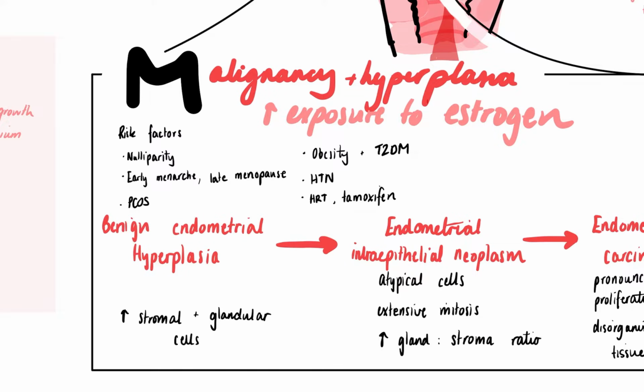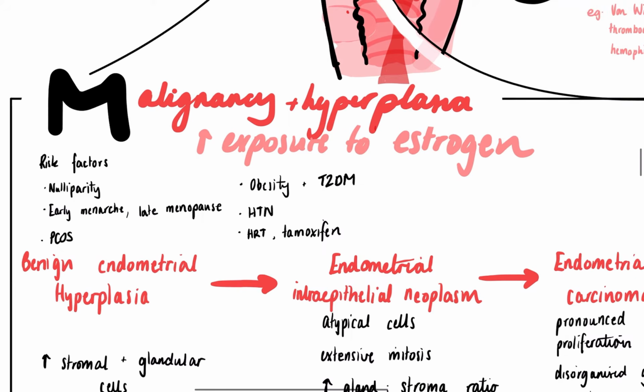Polycystic ovarian syndrome can also lead to increased estrogens, as can obesity, type 2 diabetes, hypertension, and of course hormone replacement therapy and tamoxifen, which are both pro-estrogenic drugs or exogenous estrogens.